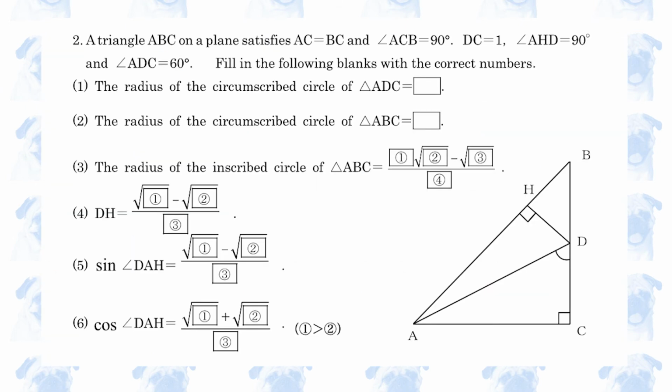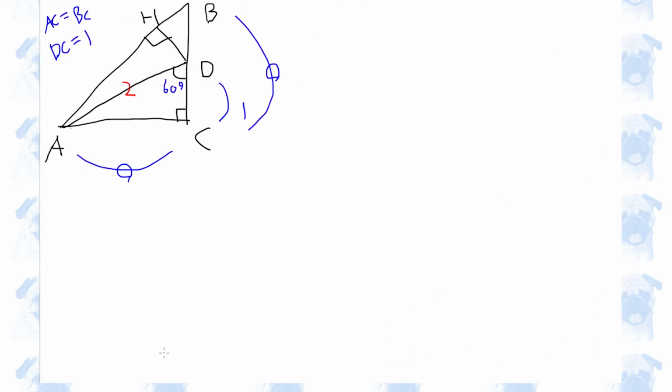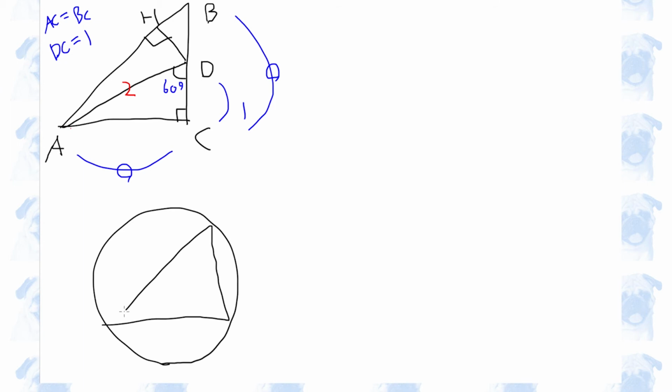In the second question, we need to find the radius of the circumscribed circle of triangle ABC, which is this triangle here, ABC. So once again, we have a triangle inside a circle, and we know that AC and BC are equal in length. Let's find the length of AC and BC using the triangle ACD.